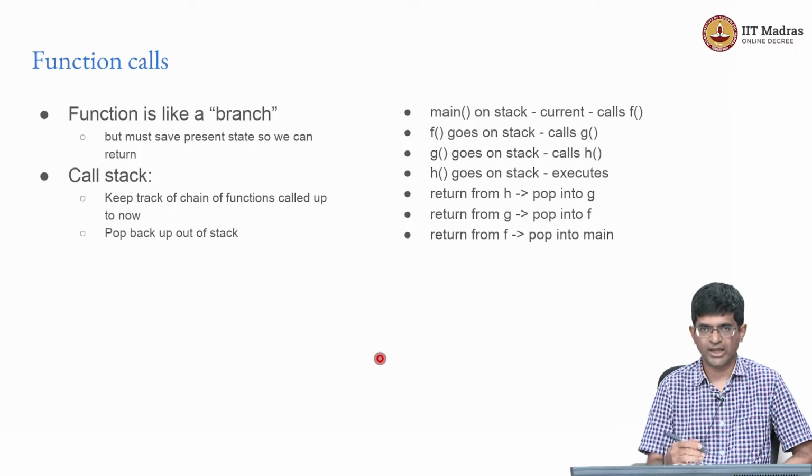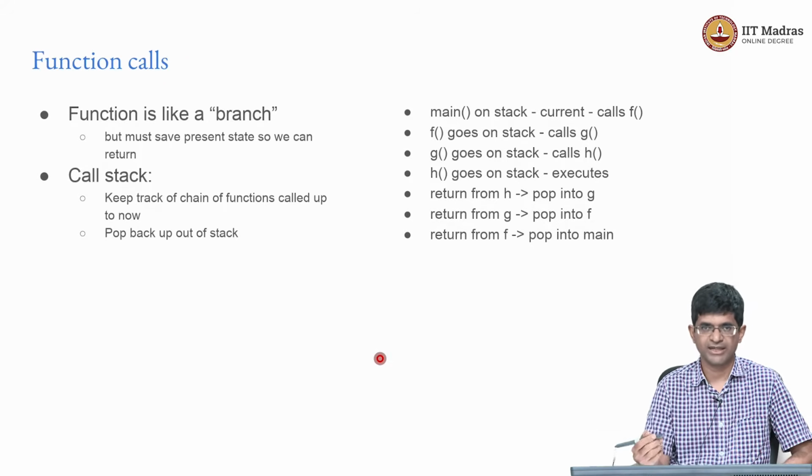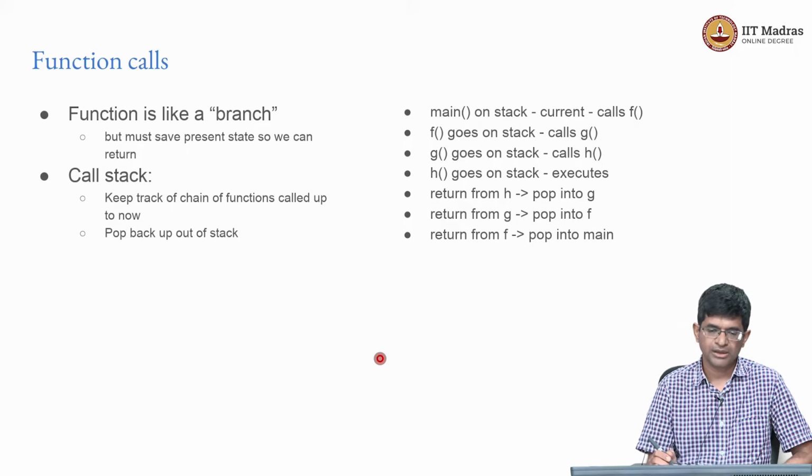So you have the ability to say, take the next instruction, execute it, take the next instruction, execute it, or go somewhere else. Now go there, take the next instruction over there and execute it, and then again start from there. So a function is pretty much like taking a branch. The only difference between an arbitrary branch and a function call is that I should be able to come back to where I was before.